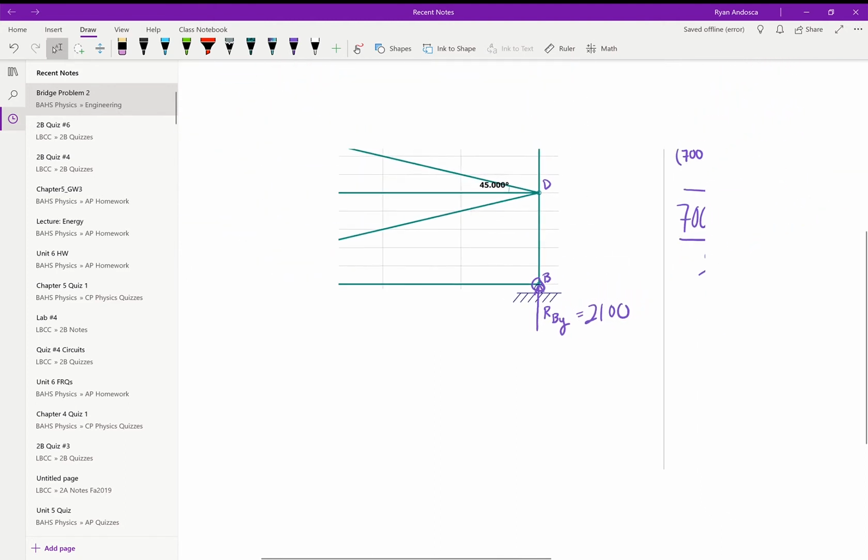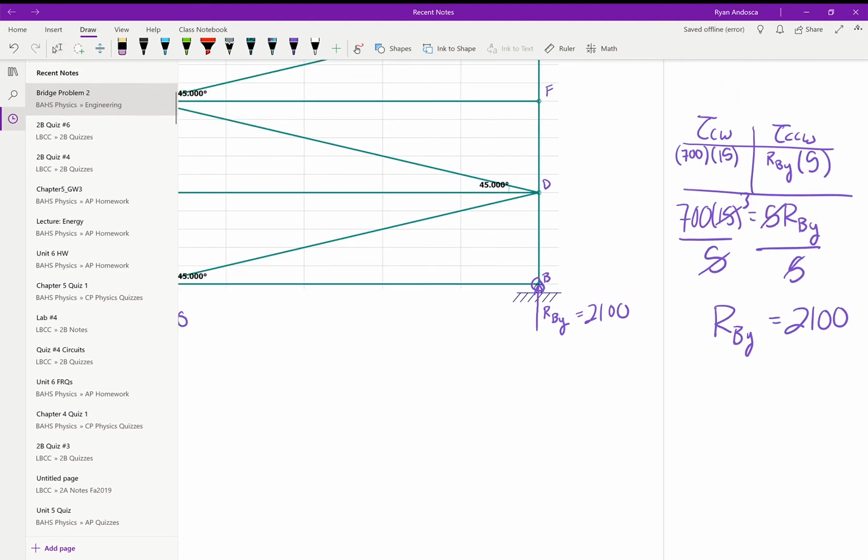I'm not even going to redraw B, we're just going to talk about it because it's actually fairly obvious what the members are. So this member right here isn't canceling any forces on the other side. There's nothing over there. So that means that this member must be 0. It's not canceling anything, so it can't be exerting a force.